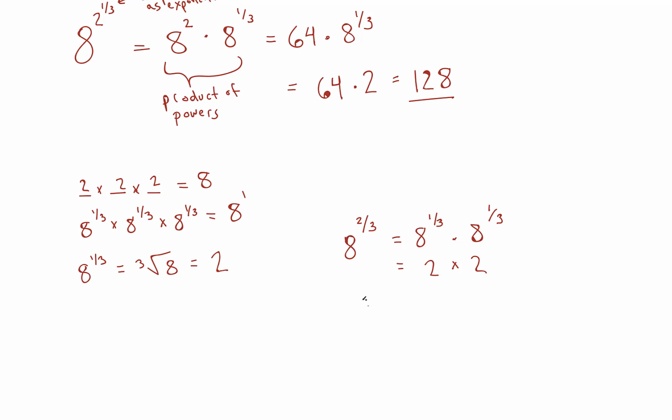In other words, another way of writing this is 8 to the 2/3 is the cube root of 8, and that whole thing is squared, which gives us 2 squared, which would give us 4 in this case.